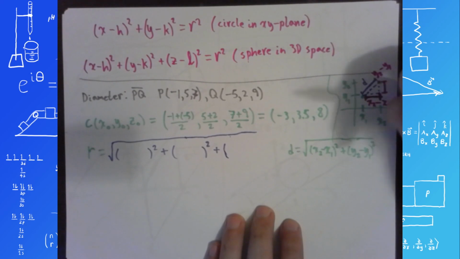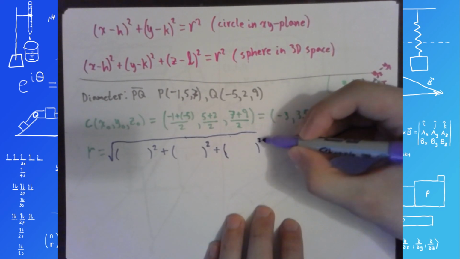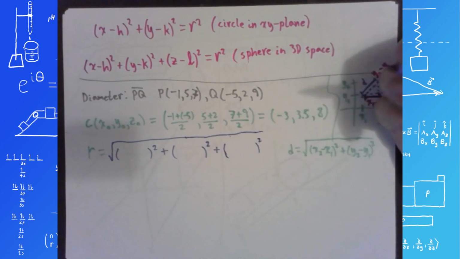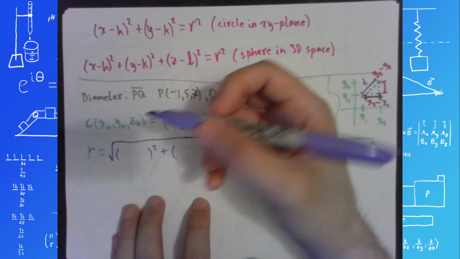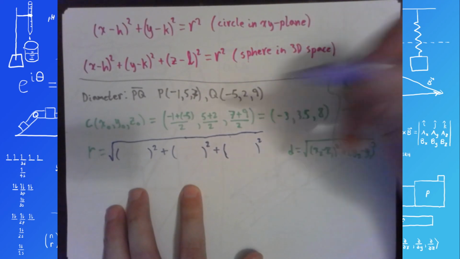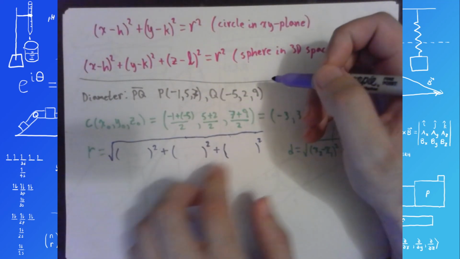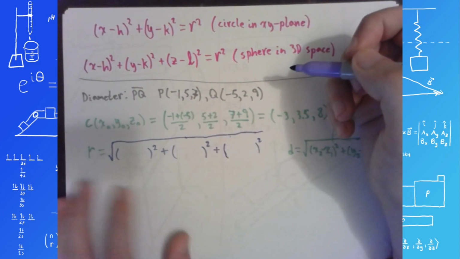Remember all of those deltas, if you've done any physics at all? All of those deltas are usually defined as the final minus the initial, the second minus the first, the next minus the previous, however you want to word it. Anyway, again, order doesn't matter, but let's do from center to Q, for example.